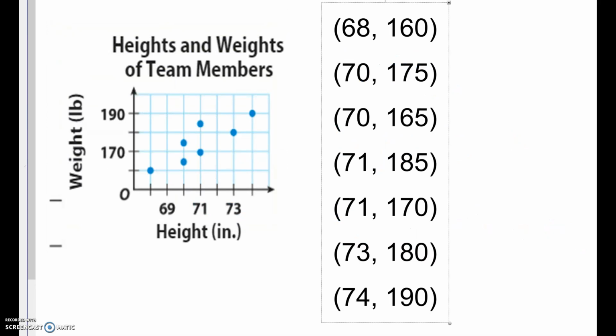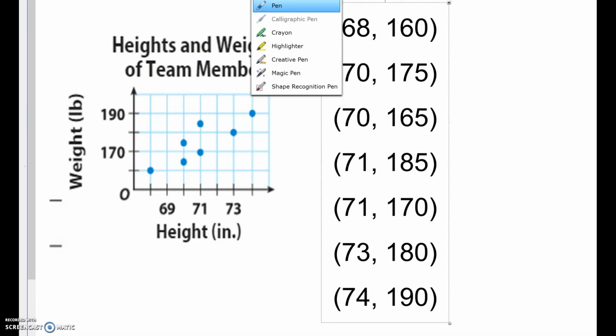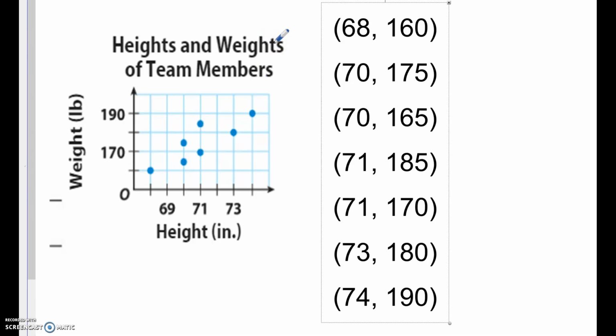And last but not least, we have our graphs. So let's start off with using our points. So I wrote down all of the points for the heights and the weights of the team members. I'm guessing this might be basketball. I don't know, maybe football.